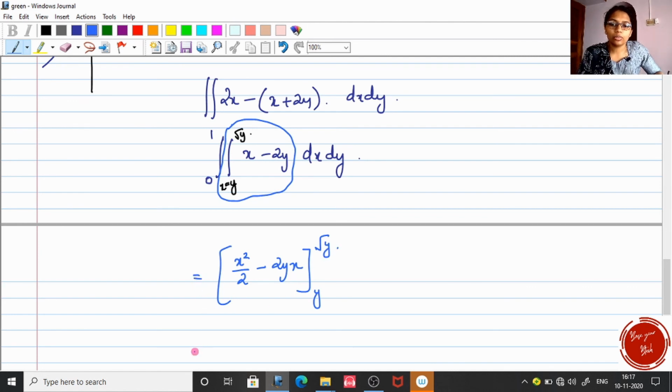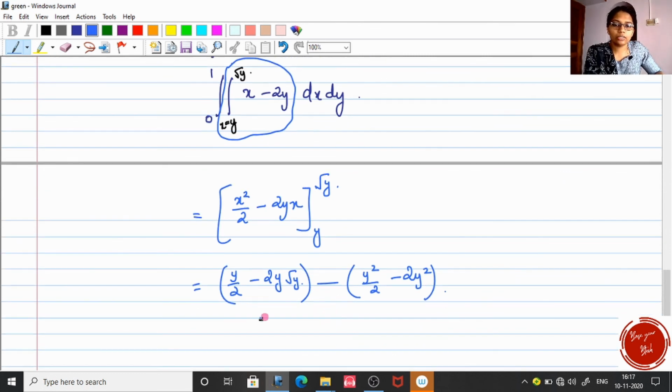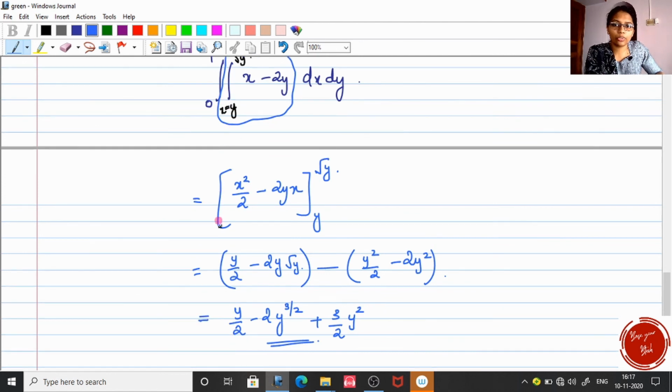Okay, so upper limit root y the whole square is y by 2 minus 2y root y. Upper limit is ready, minus lower limit is y square by 2 minus 2y square. Okay, so simplifying you get this, and now again we have to integrate this with respect to y, isn't it? Also in the range 0 to 1.